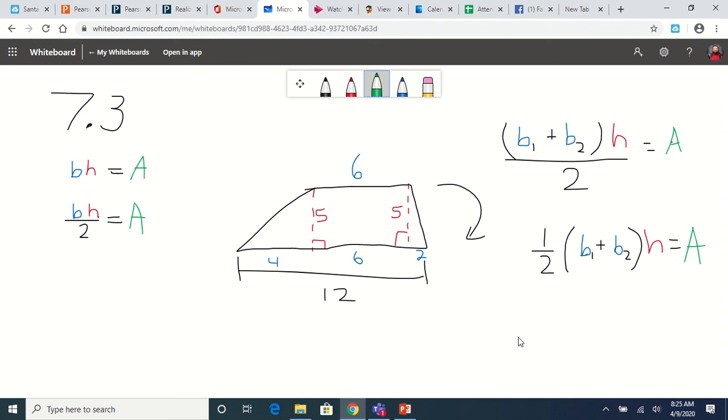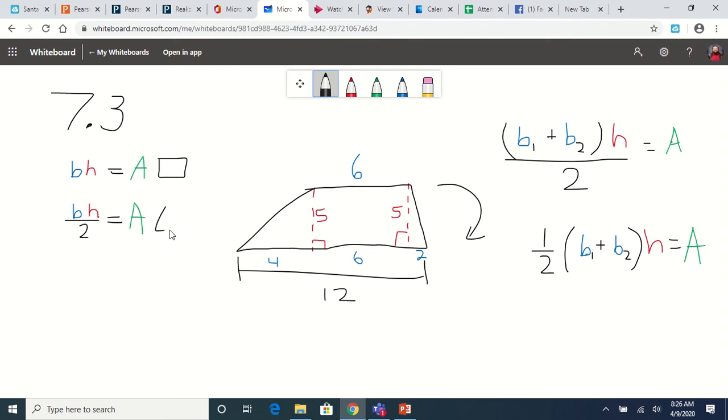Now, does it work the same? So let's put this information into it. Ooh, that's not good. Hang on. This is for parallelograms.